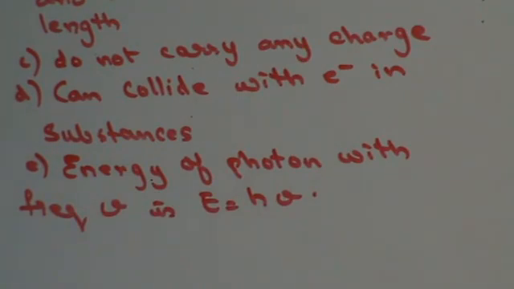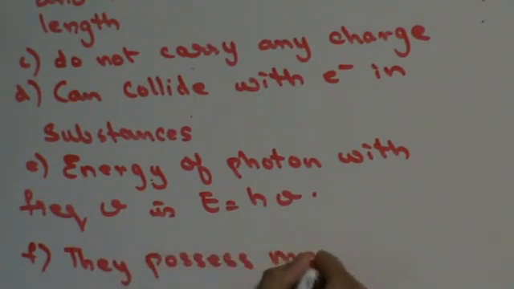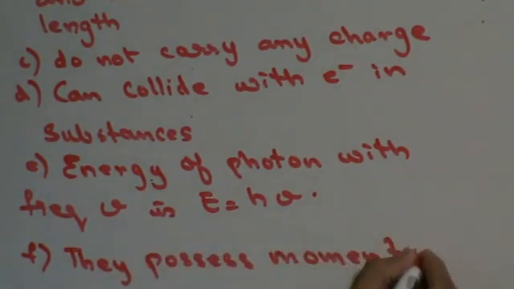Now, h is a constant and it is called Planck's constant. So E equals hv. What's E? E is the energy. h is Planck's constant. It's a constant, right?